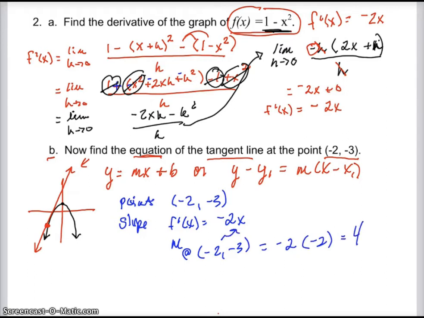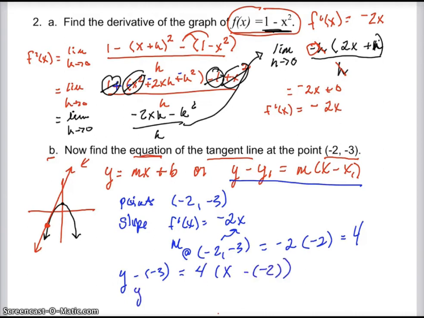So now that I have this information, I like to use the point slope formula to find my new equation. So the equation of the tangent line is y minus -3 equal to the slope times x minus -2.